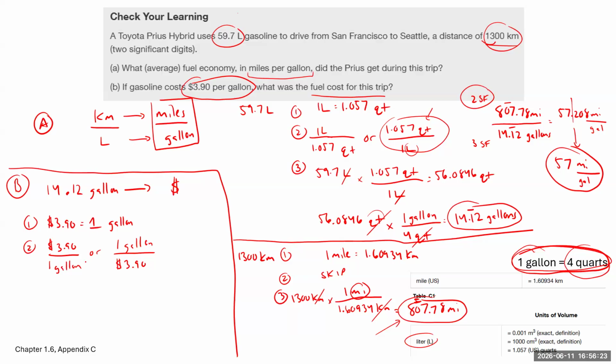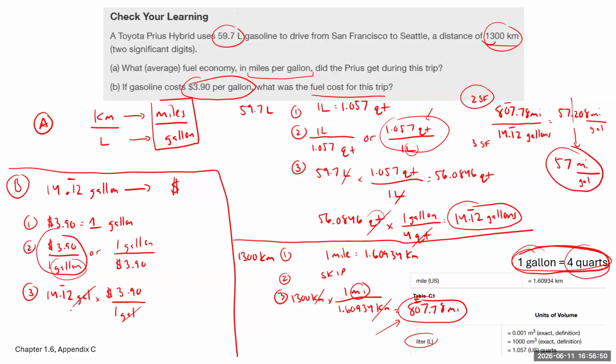So we have dollars and gallons, gallons and dollars. So it's going to be 14.12 gallons, and that's going to be the line over the one, times, we have to use this one because the gallons are on the bottom, over 1 gallon.